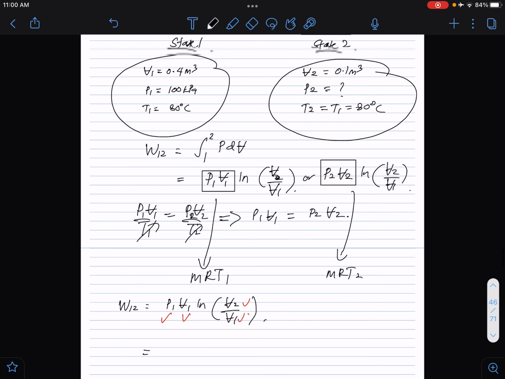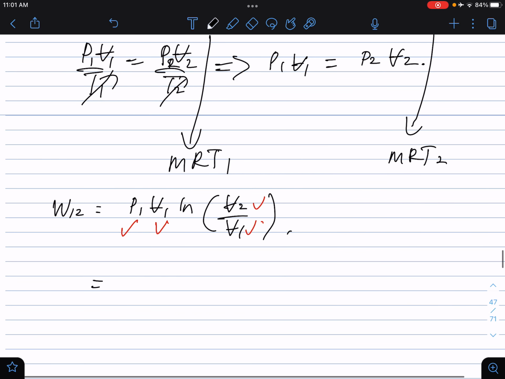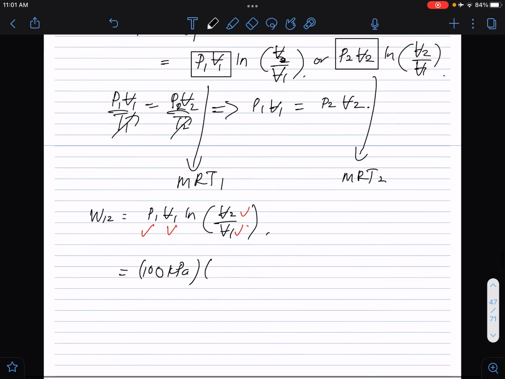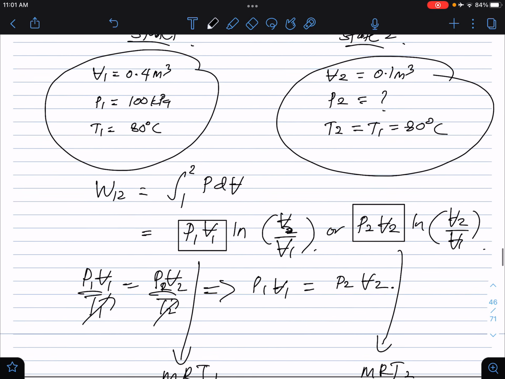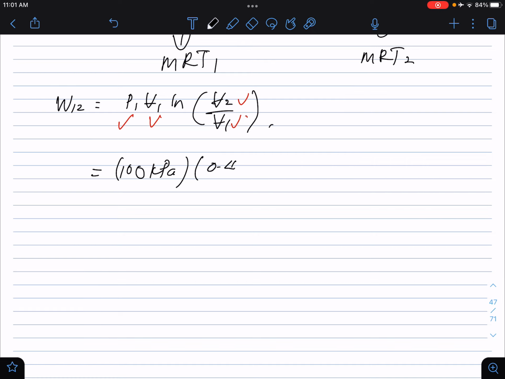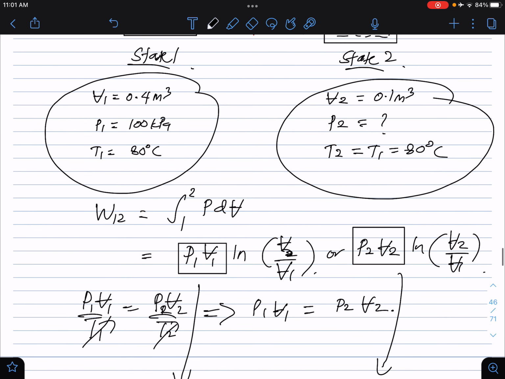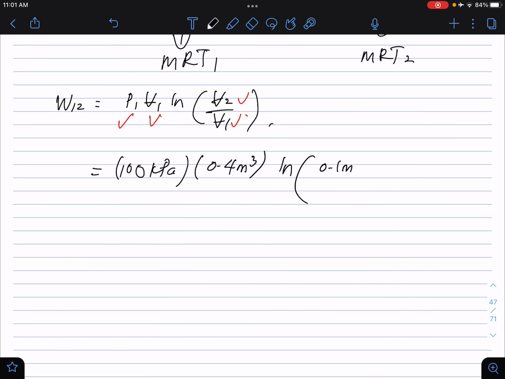P1 is already mentioned, 100 kPa. This is very straightforward. V1 is 0.4 meter cube. Then you put ln here. V2 is 0.1 over 0.4 meter cube.